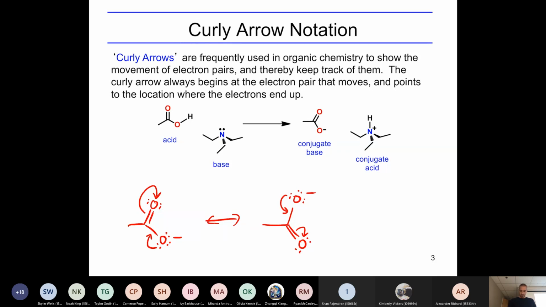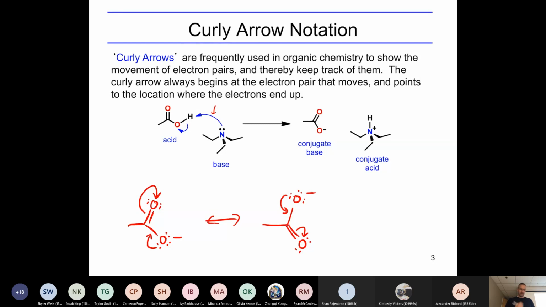So in this example, we can draw in curved arrows that look like this. These blue arrows that you see on the screen now. That first blue arrow means that nitrogen lone pair moved to the hydrogen, meaning we're forming a nitrogen-hydrogen bond. We're taking that nitrogen lone pair and turning it into a bond between the nitrogen and the hydrogen.